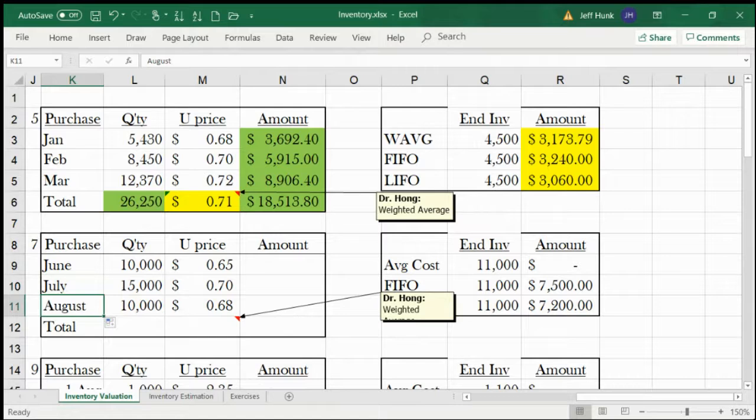Okay, and the quantity in June, I made it 11,328. July was 15,565. August 12,673.